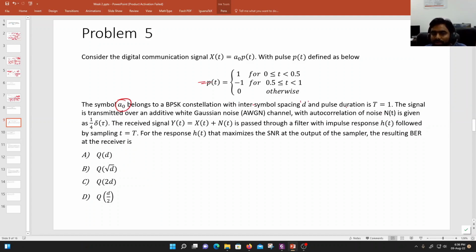The signal is transmitted over the AWGN channel with noise autocorrelation 1/4 del of tau. The received signal is passed through a filter with impulse response h of t, followed by sampling at time t equal to capital T. For the response h of t that maximizes the SNR at the output of the sampler, we have to find the resulting BER, the bit error rate or probability of error.